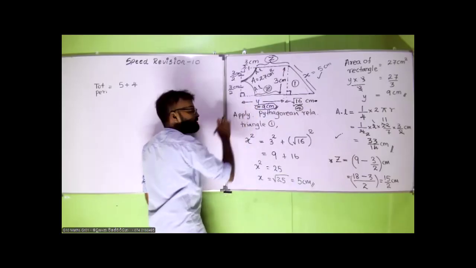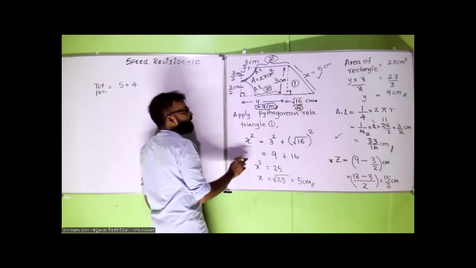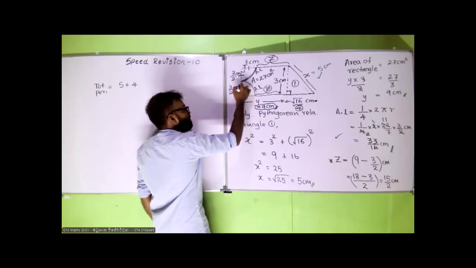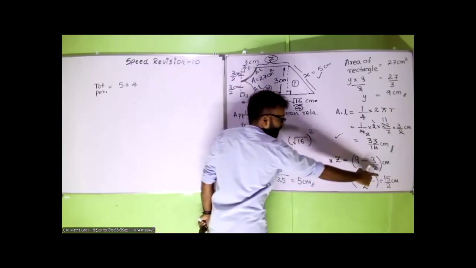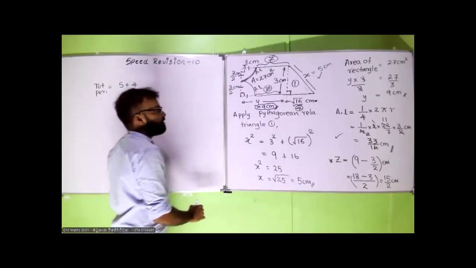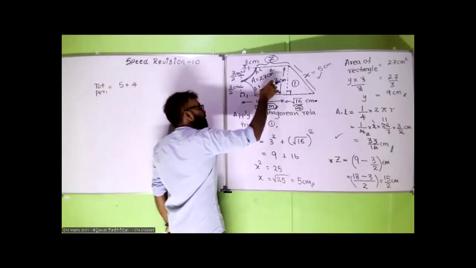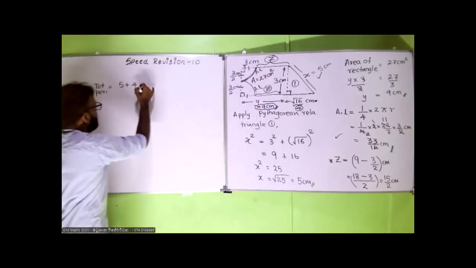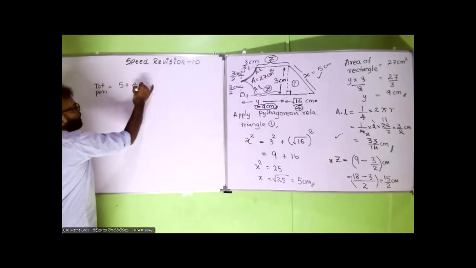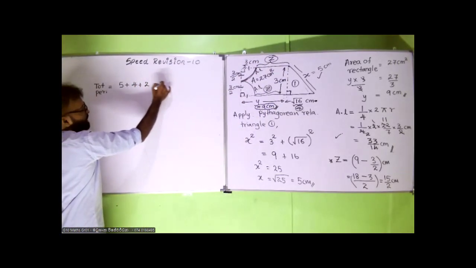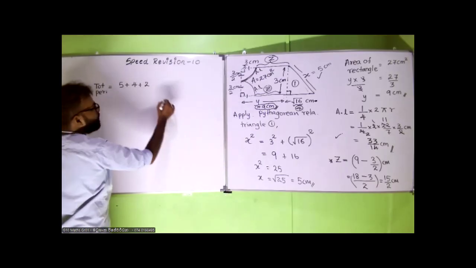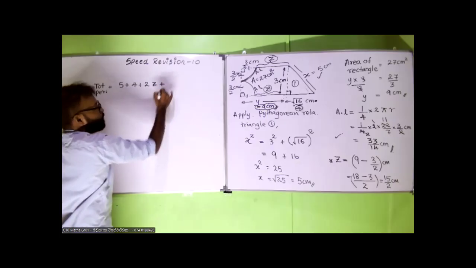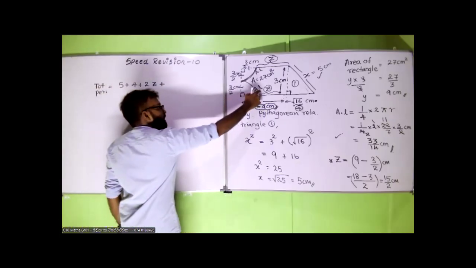This total length is 9, and from that 9 we are going to subtract our radius, which is now 3/2, so that we get 15/2. So there we have this and this. That means plus 2 times Z, where Z means 15/2, plus 2 times arc length.